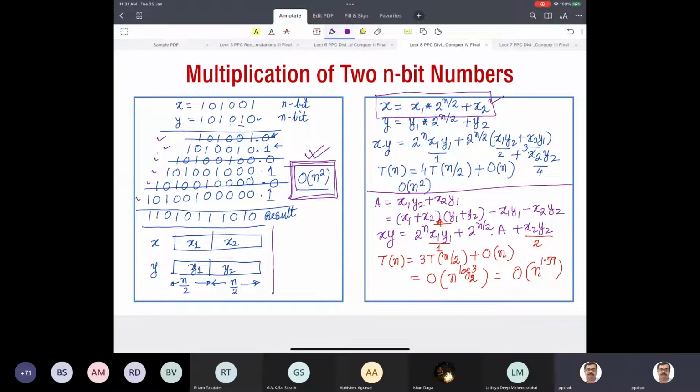So padding with zeros is just a left shift. In n-bit numbers, if I left shift the number, I multiply by 2. If I want to divide the number by 2, what do I have to do? Right shift.